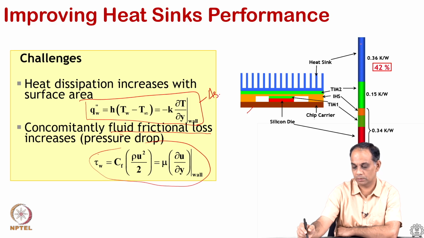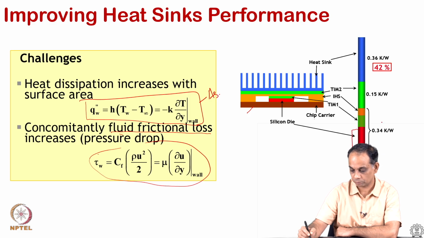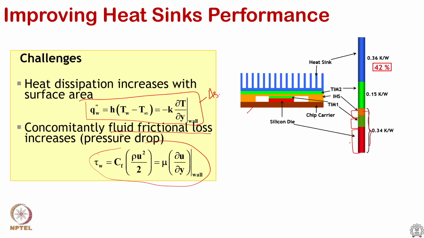If you look at the so called thermal budget, this is the silicon die, this is an example. You have a silicon die, this is the TIM material, then you have the heat spreader itself. So, this total accounts for this. This is actually a processor, someone who makes the processor controls this zone. So, as someone who develops heat sink solution, they cannot do anything to this, because this is part of the process development.